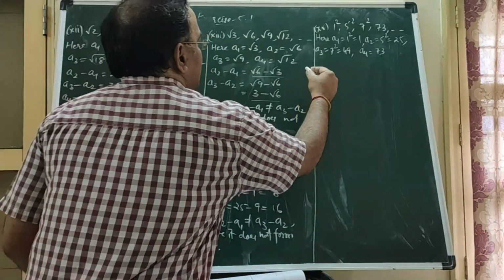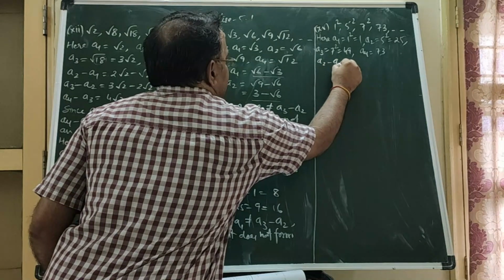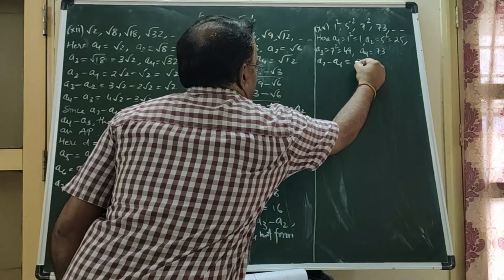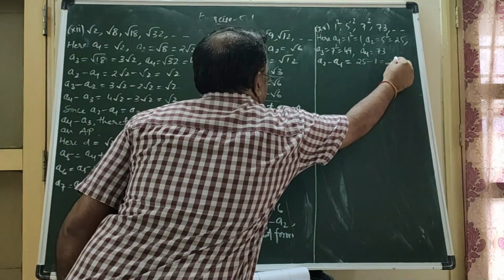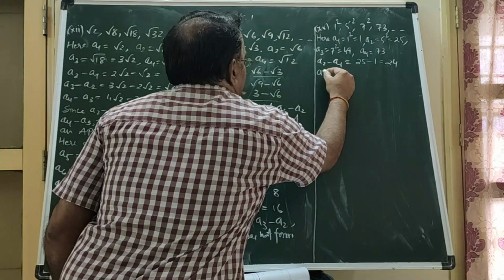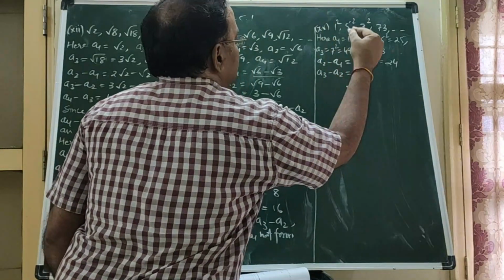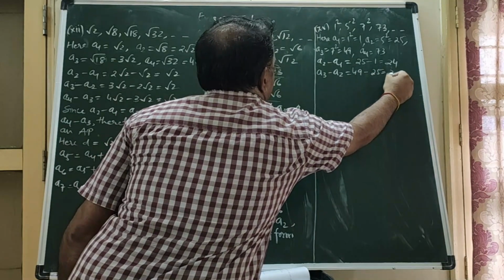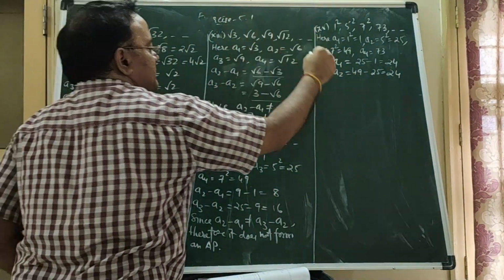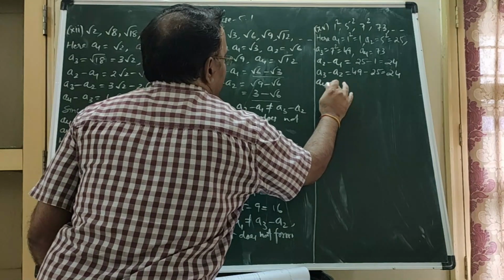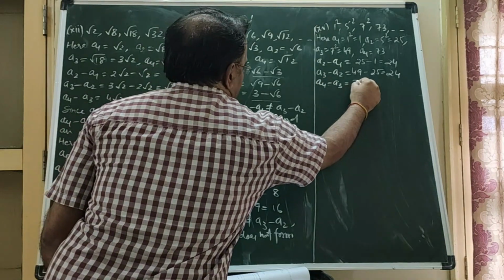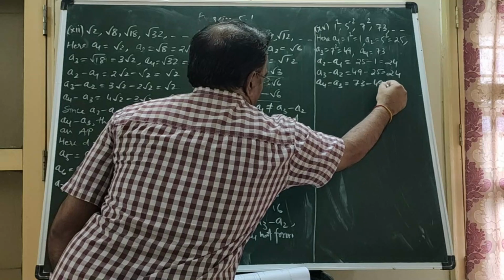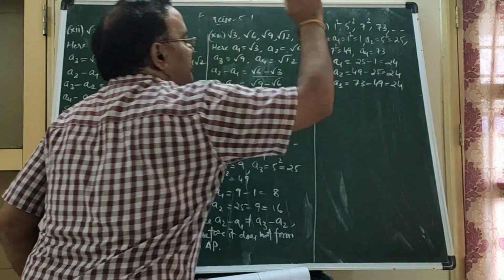Okay. So पहले हम लोग a2 minus a1 निकाल लेते हैं. That is 25 minus 1, 24. फिर a3 minus a2, 49 minus 25, this is also equal to 24. Now a4 minus a3, 73 minus 49, this is also equal to 24.